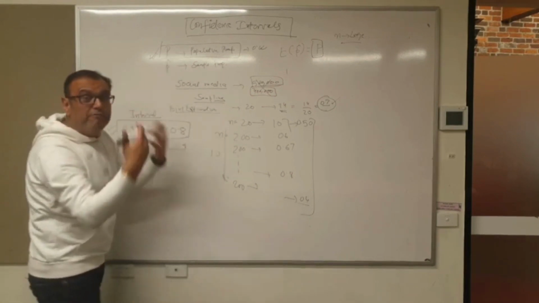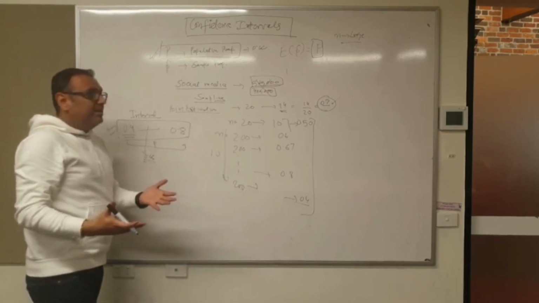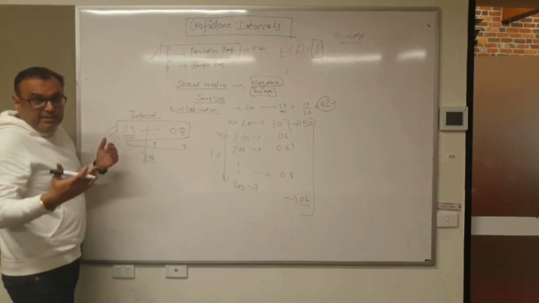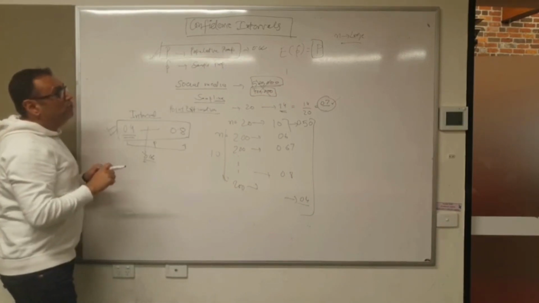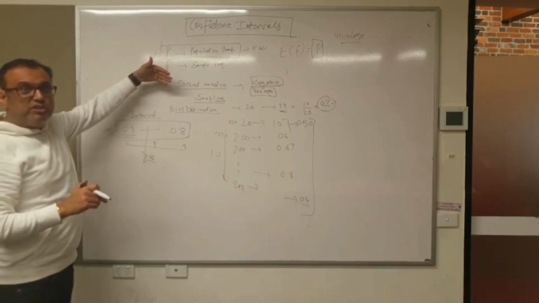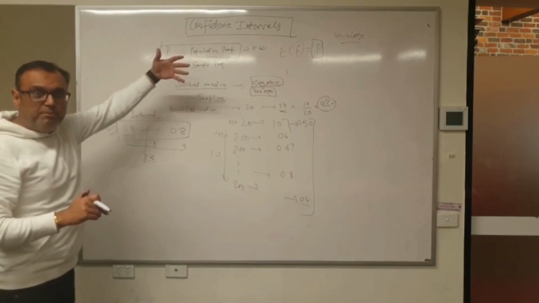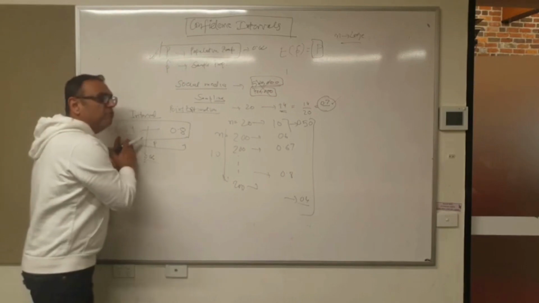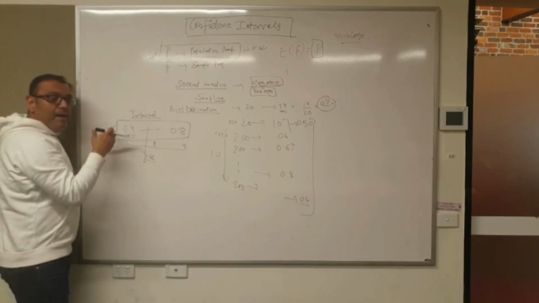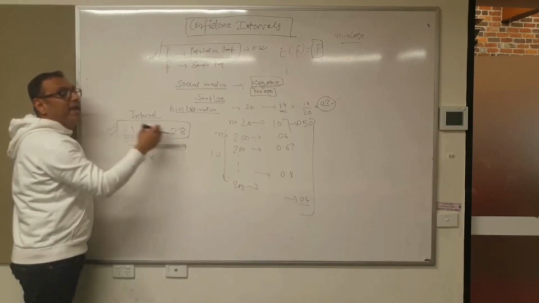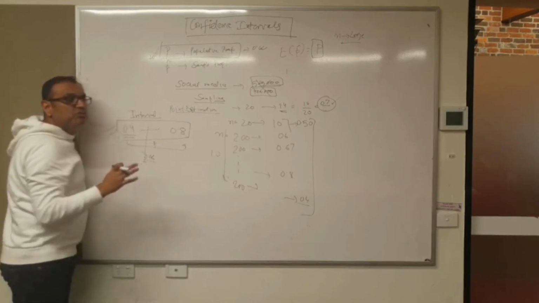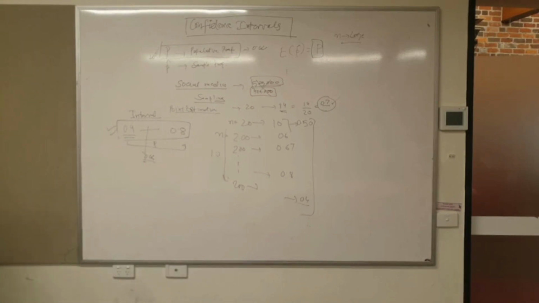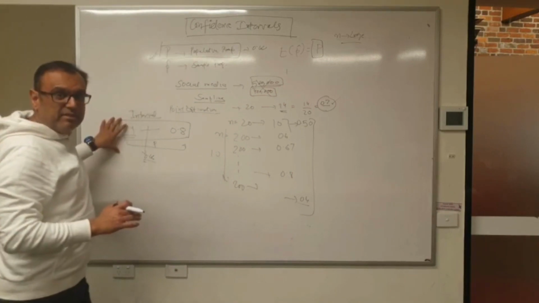And you can then say that I am confident that the population proportion for students in Australia using social media is between 0.4 and 0.8, which means from 40% to 80% of students are using social media. Getting my point? So this is nothing but the interval.